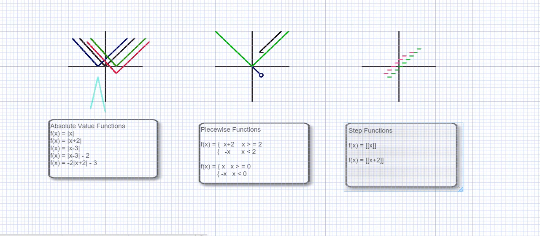But those are step functions. And I'll also say step functions are useful because they describe some real world situations, like, for example, mailing letters or packages at a post office. Let's use packages, for example. It might be that for something that's between, I don't know, 0 and 2 pounds, you pay $10 to ship it.